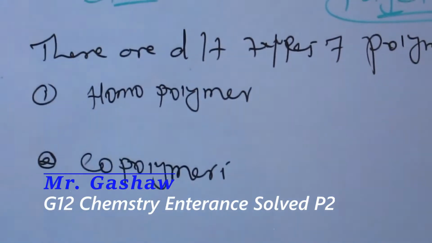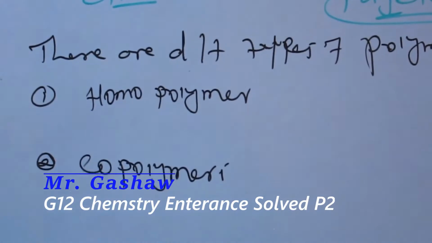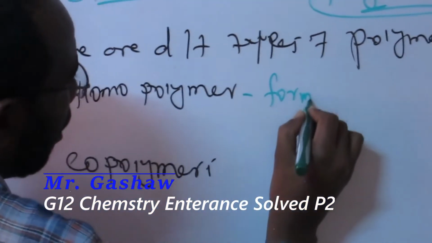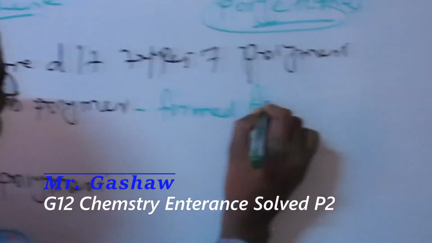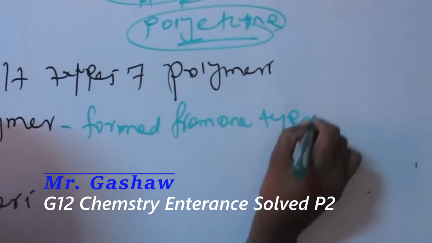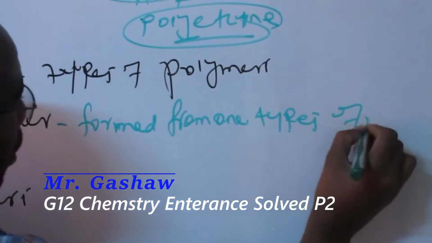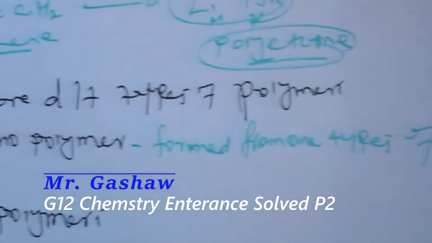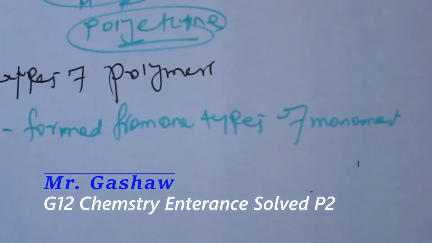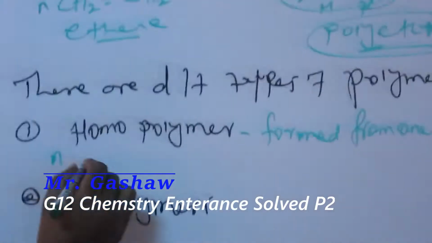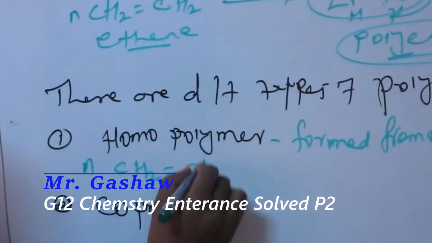Homopolymers means what? Formed from one type of monomers. One type of monomers produces polymers. This one is an example. Here it is ethene, CH2.